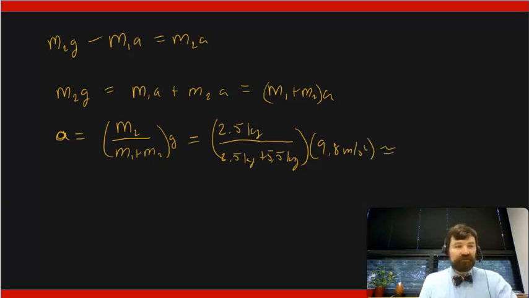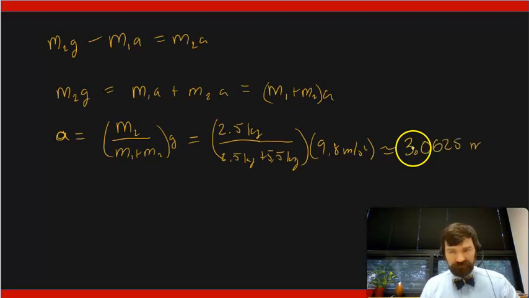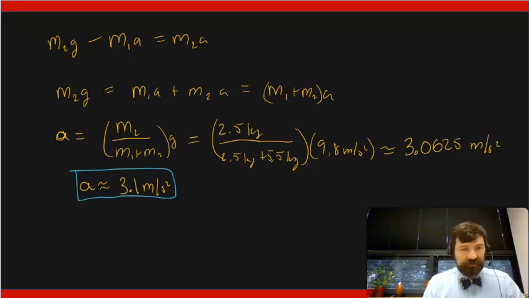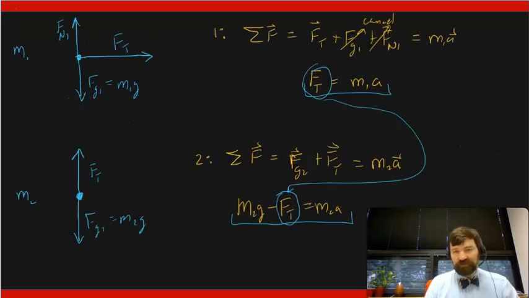Throwing that into a calculator, we get 3.0625 meters per second squared. So retaining the two significant figures that we should maybe retain here, we would say this is about 3.1 meters per second squared.